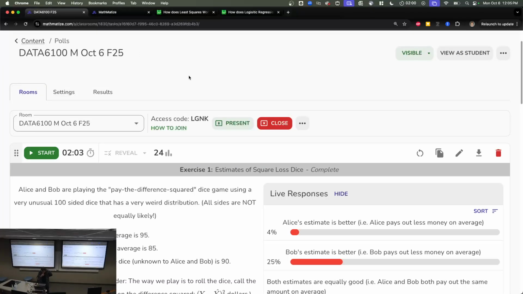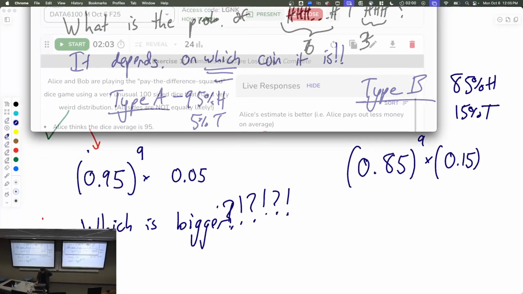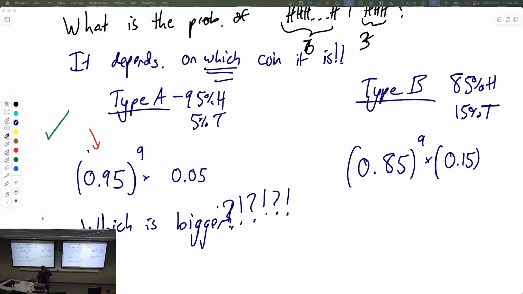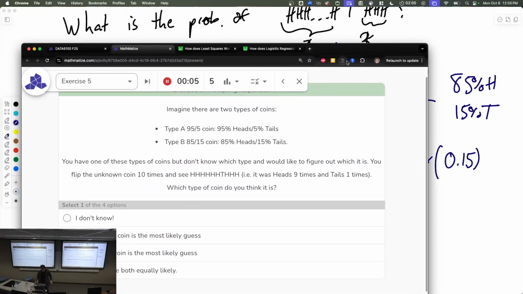Let's see, how do I do this? I move this up here. Okay, it's going to be open again in a second. Here it is. We're on the revote of is it Alice or is it Bob?